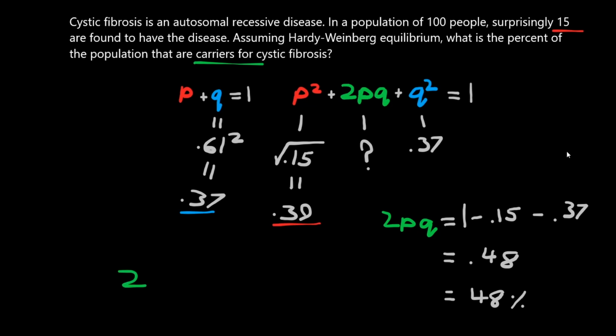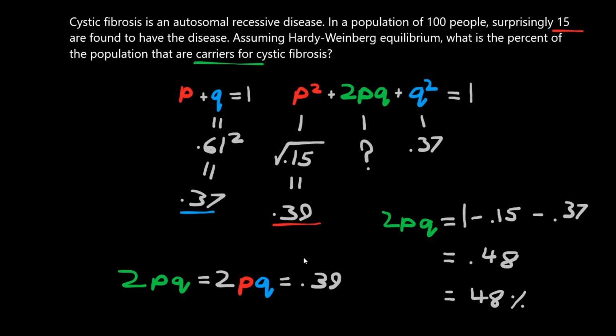Now actually, another way to do this, a faster way, is you notice that 2pq is actually made up of 2 times p times q. So if we go up here, we can just sub in our numbers right away.